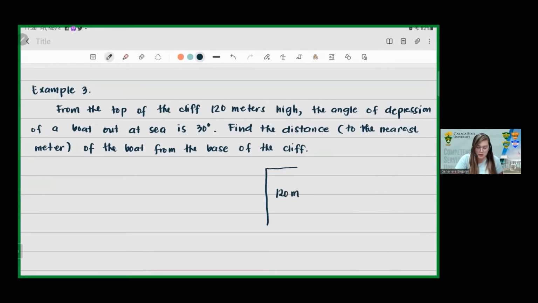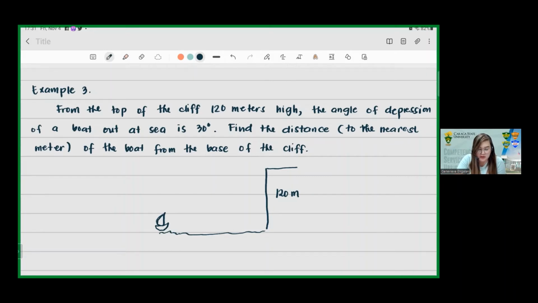Tapos naa daw kay boat, dagat tayo na. Okay. So, naka-boat nga nasa sea at 30 degrees, angle of depression nga 30 degrees.